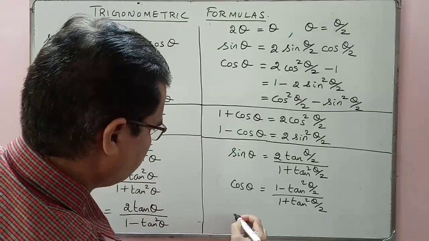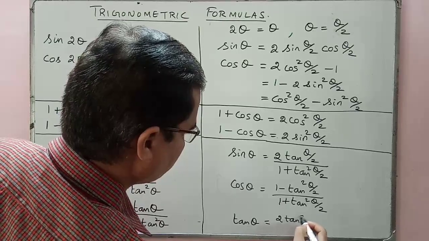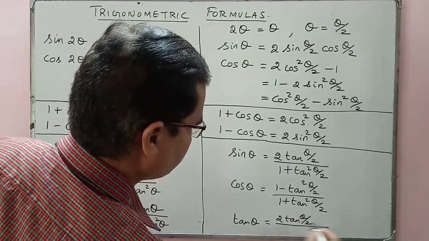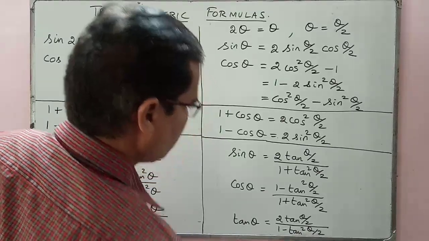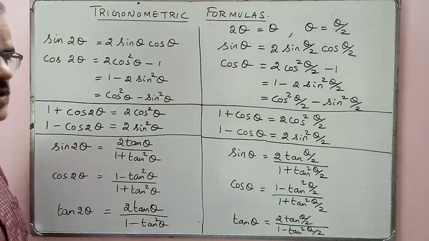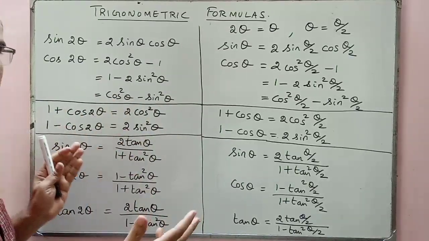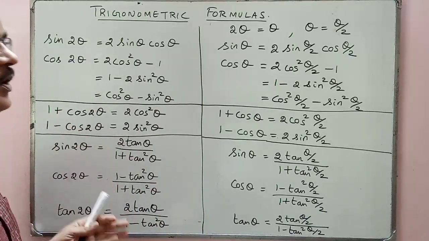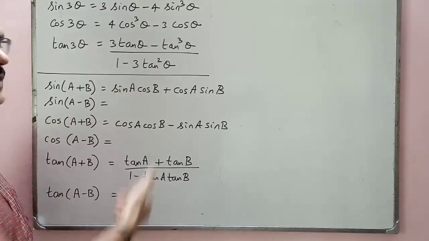Then tan theta equals 2 tan theta by 2 divided by 1 minus tan square theta by 2. So this is the way how you have to remember the formulas, children. When you are able to categorize the formulas, we can remember them very easily, whenever you want. Again, we are going to discuss some more formulas.